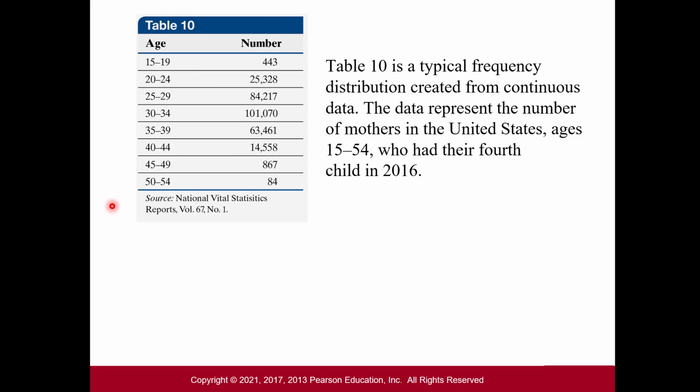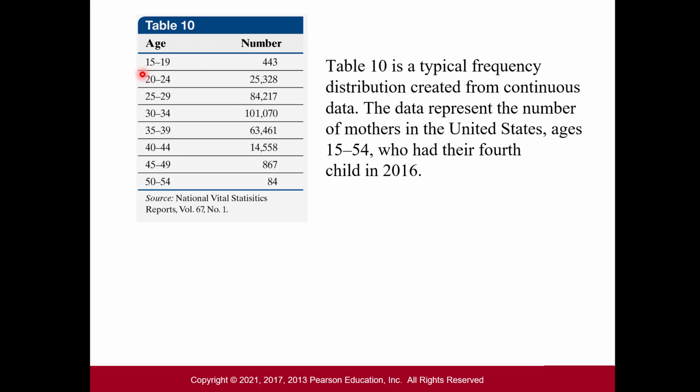Okay, so let's take a look at this one here. This table is a frequency distribution, and it's created from continuous data. The data represents the number of mothers in the United States, ages 15 to 54, who had their 4th child in the year 2016. So the way you can tell it's continuous is because of the classes over here for ages.